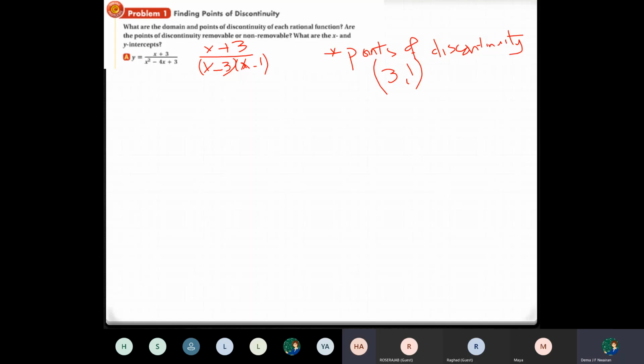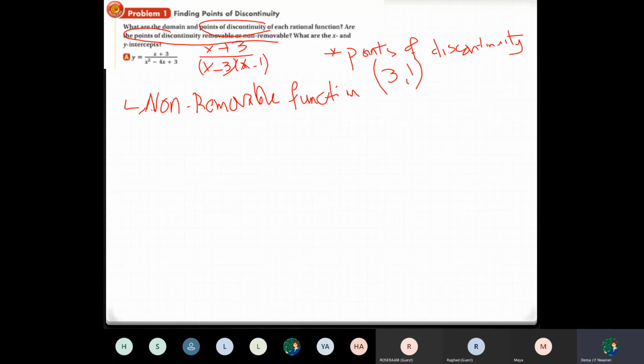No. Because of that, I will name it a non-removable function. So we find the points of discontinuity, and we find that it is non-removable.